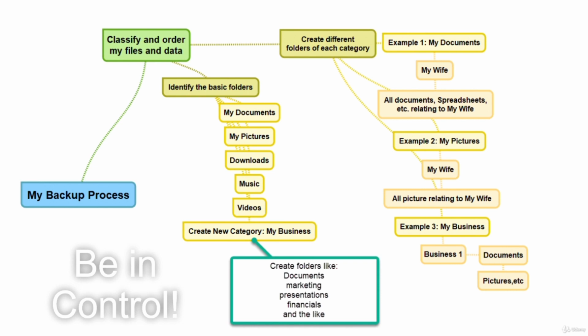Look at the example that I have provided you, whereby you can use this model to classify your data. This is just an example to get you started, but you should get the approach. You should get what I'm trying to bring across. Having a structured file and folder classification order will help you in many ways.